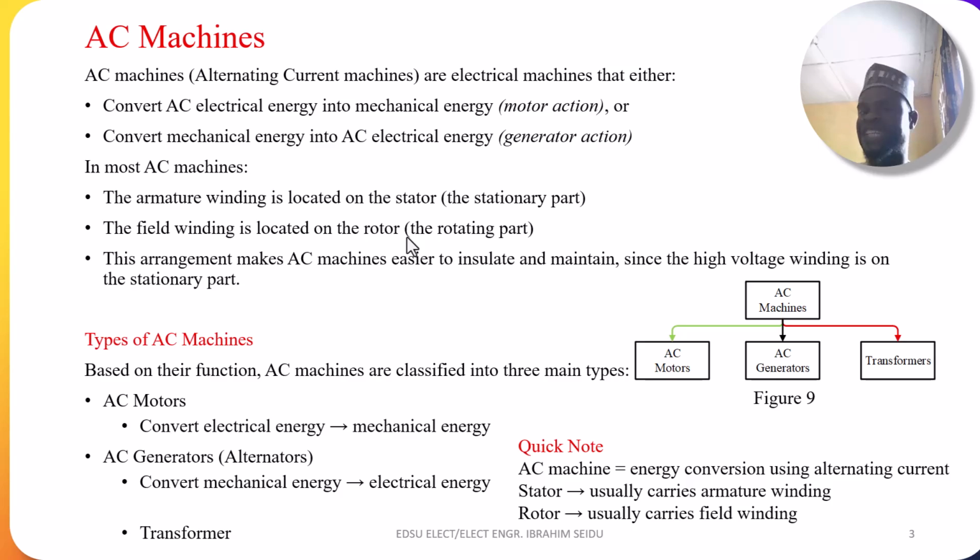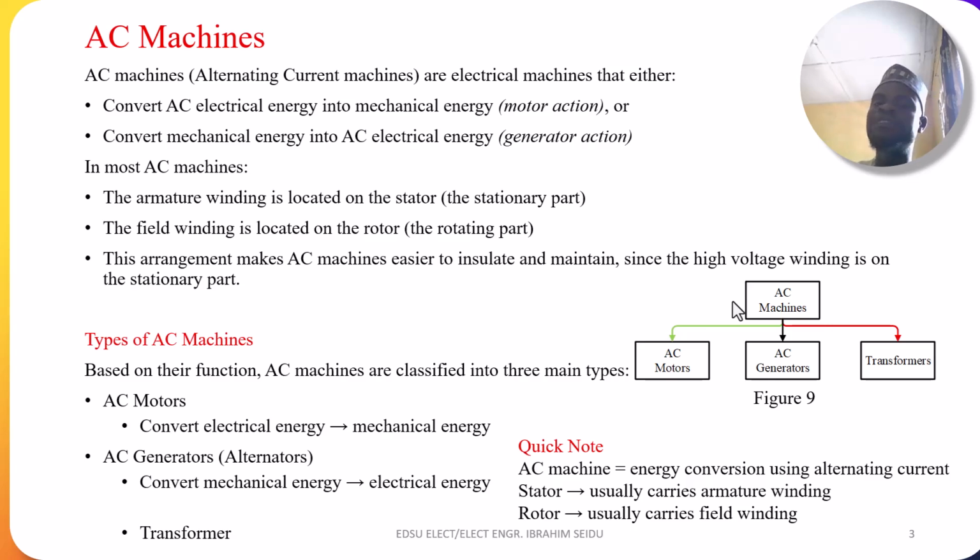So it's not static, it's moving. Because of that, we tend to classify a transformer as an AC machine. Also, when you check other textbooks, they give different explanations why a transformer was included as a type of AC machine.